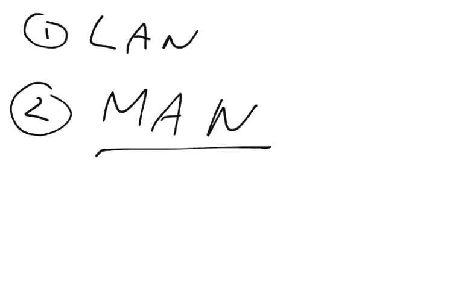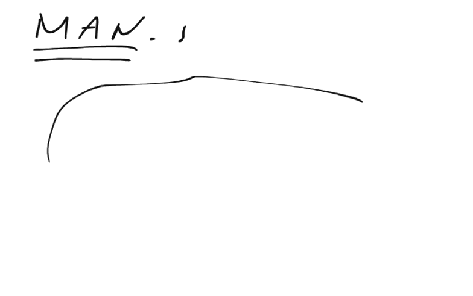We have already discussed LANs, which are local area networks, and we will now be discussing MANs, or Metropolitan Area Networks. MANs got their name from metropolitan area, and usually a metropolitan can be considered as a city.